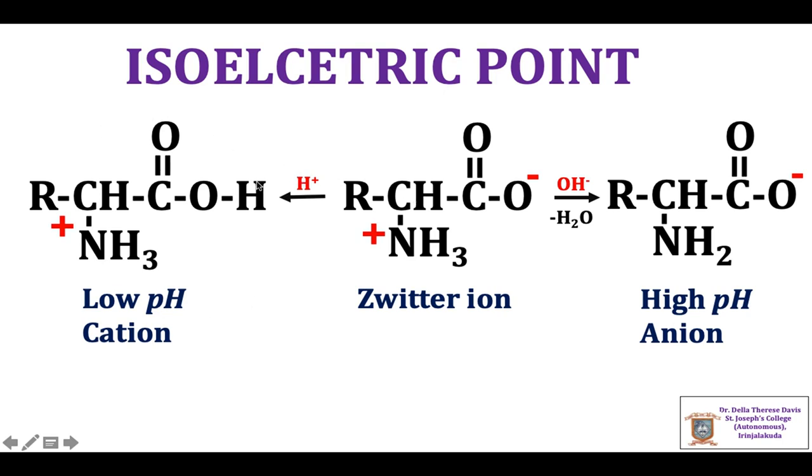The accepted proton gets attached to the oxygen of the carboxylic group. In basic medium or medium with high pH, in the presence of OH minus, the zwitter ion donates a proton and becomes an anion.